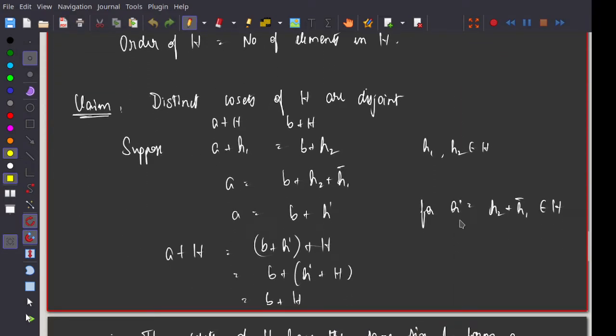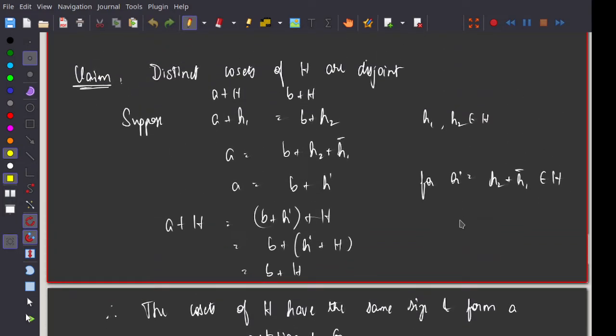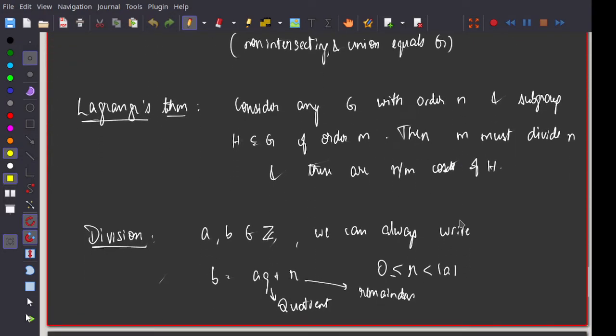And we saw that the cosets form a partition of the group G itself. All the translates are disjoint, they all have the same size, and they form a partition of G. This essentially implies that given a particular group, any subgroup can't have an arbitrary size.